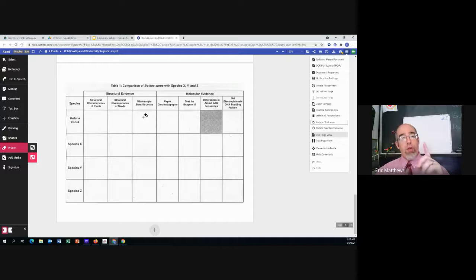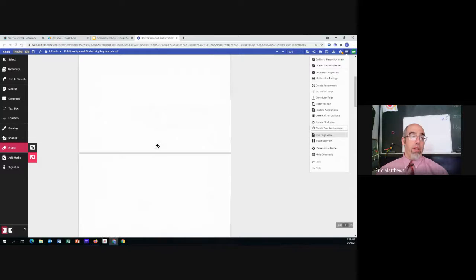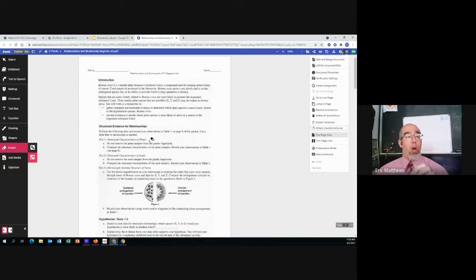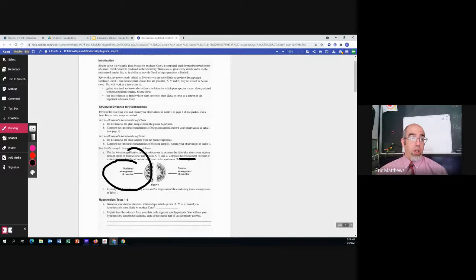Now for the stem cross-section, in this one, it's really quite easy because if we come back up here, all it's asking you to do is identify each one as either scattered or circular. That's it. One word for each one.